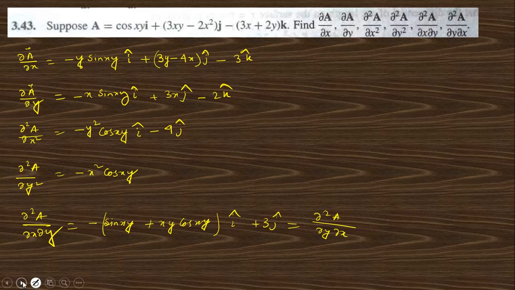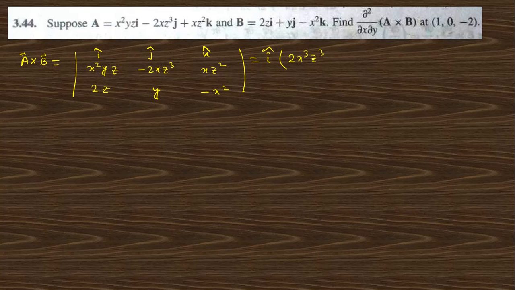Go to the next question. Suppose a vector equals this and b vector equals this, find this vector. So you must go to a cross b. A cross b is nothing but the determinant of i cap, j cap, k cap. The coefficients are x squared yz, minus 2xz cubed, and xz squared, and this is 2zy, minus xz cubed. i cap, this and this vector product is 2x squared z cubed, 2x squared z cubed minus xyz squared.